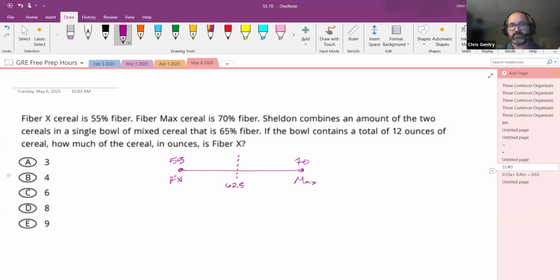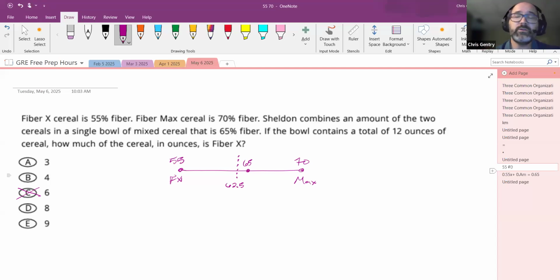If you used 6 ounces of fiber X, 6 ounces of fiber max, you land at 62.5. Dead in the middle. Do we land dead in the middle? Oh, no. We land here. Which means right off the bat, I know 6 is wrong, because we did not land dead in the middle.